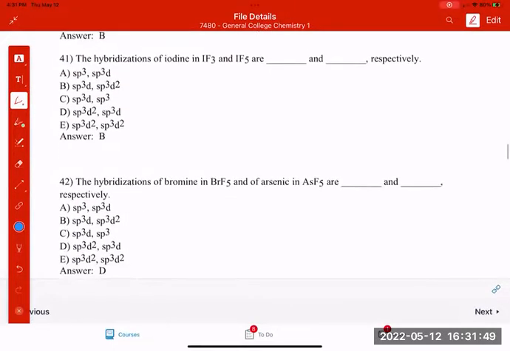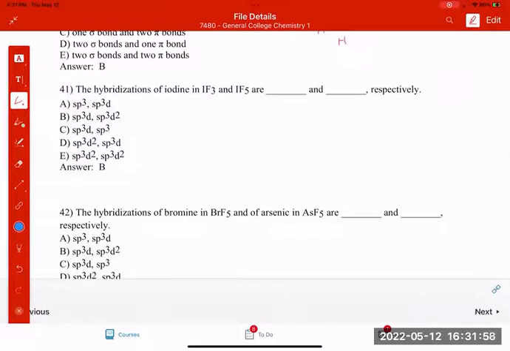Next is, I think this one was on the exam, the hybridization of iodine in IF3 and IF5. Let's do this one. That will give you practice on hybridization also. So IF3, hybridization in this case. Always, even if they don't ask you, still draw the Lewis structures.